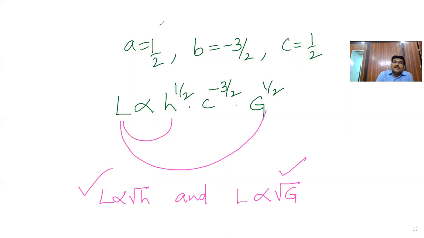Now, observe the second statement. What is the second statement? It says M is directly proportional to H to the power of A, C to the power of B, and G to the power of C. This is the second expression that he has given in the previous problem.